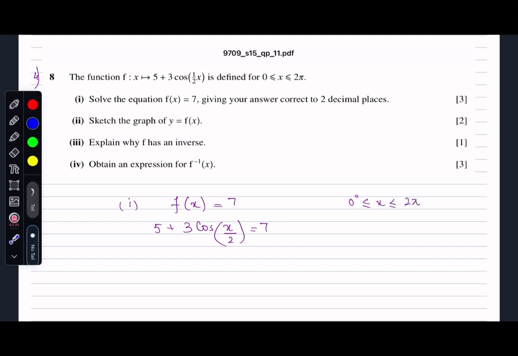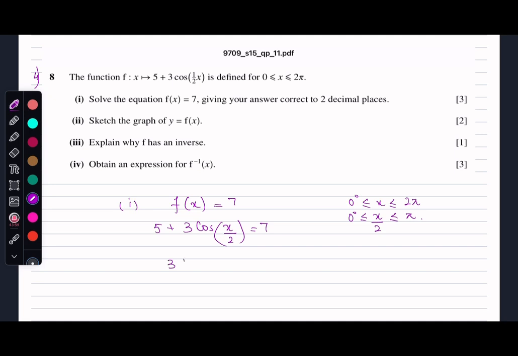But here I can see that cosine is represented by x/2. So if it is represented by x/2, then I should be dividing the whole domain by 2, for which I should have 0 degrees ≤ x/2 ≤ π. So x/2 will be in the domain of 0 to π then. So let's start solving the equation.